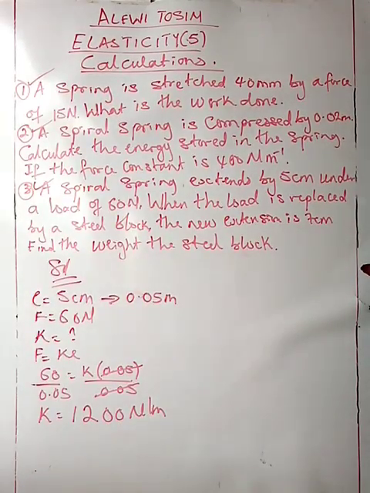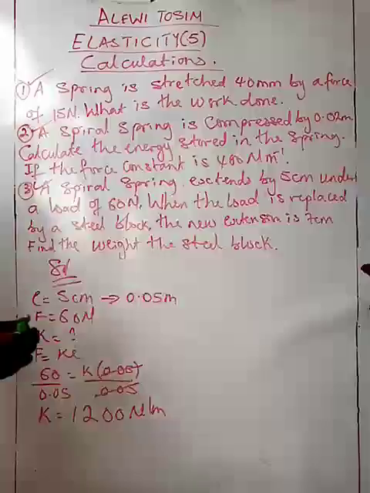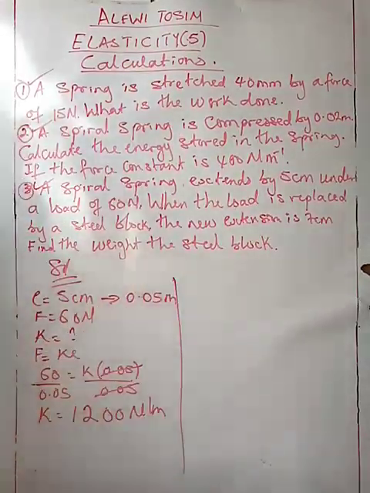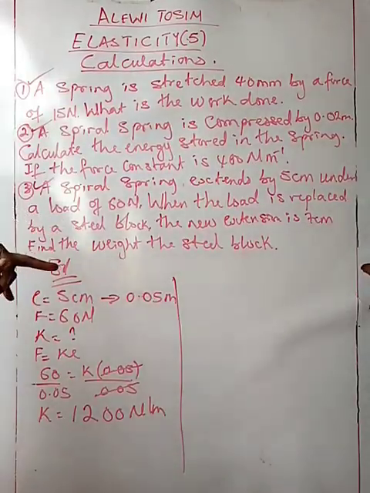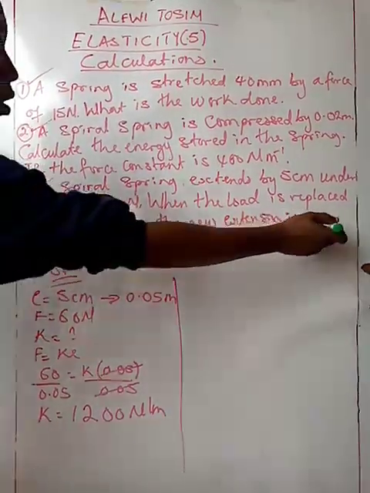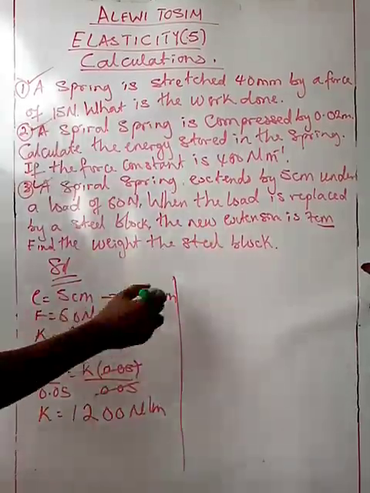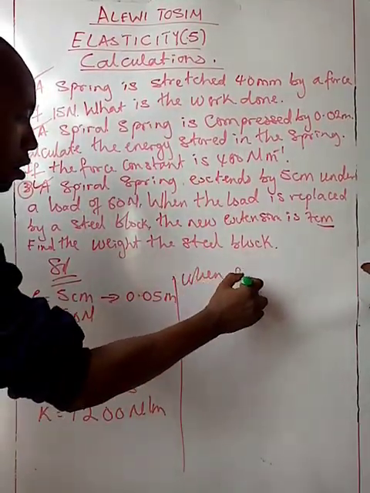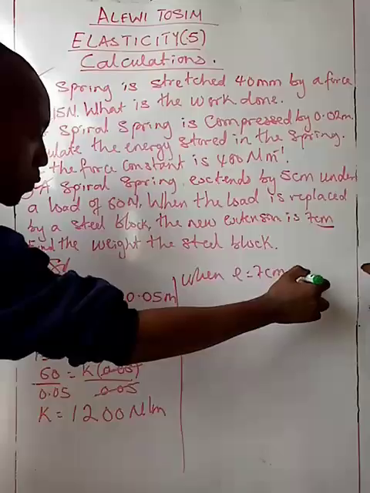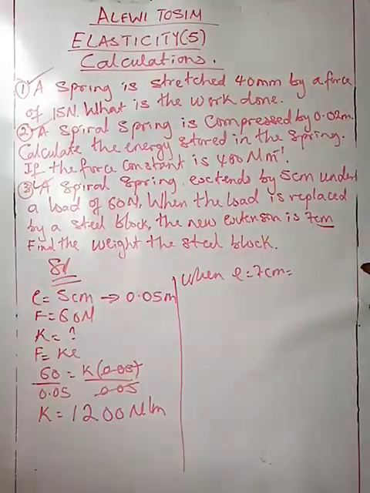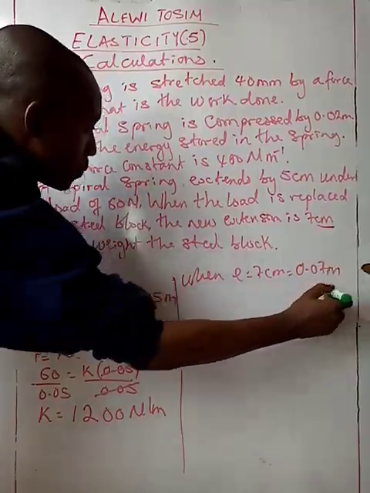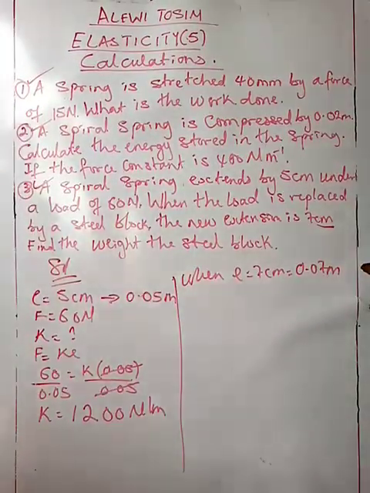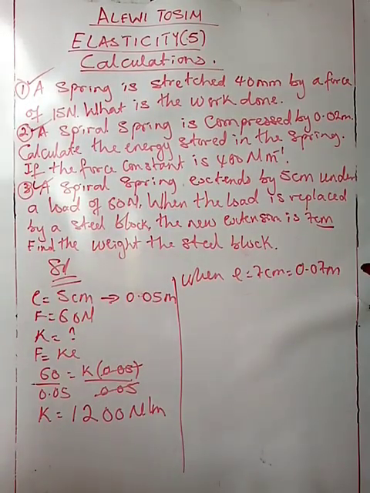Now, what is the force when we have an extension of 7 centimeters? That's the question. When E is 7 centimeters, we convert this 7 centimeters to meters. We are going to do 7 divided by 100, that's 0.07 meters. So what is the new weight of the steel block when the extension is 0.07 meters?